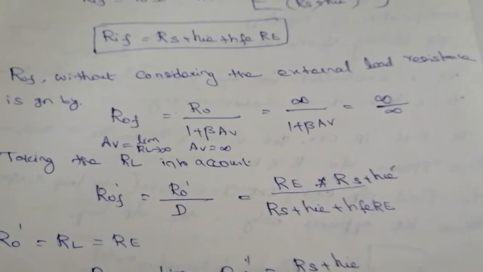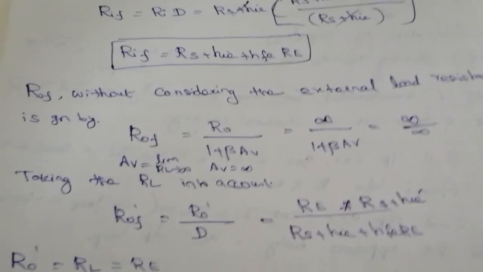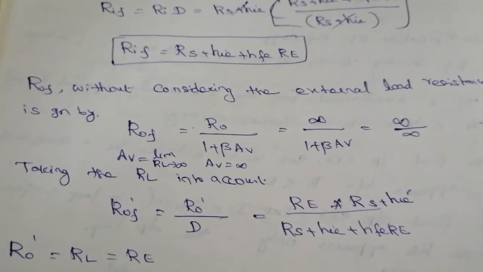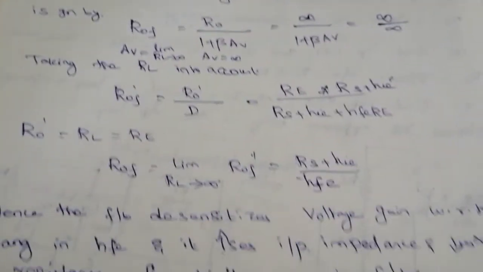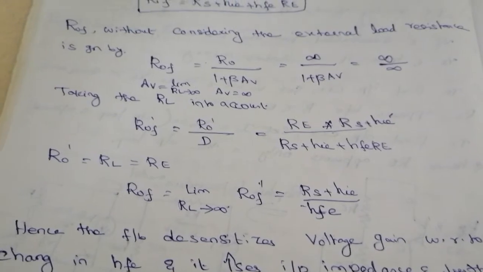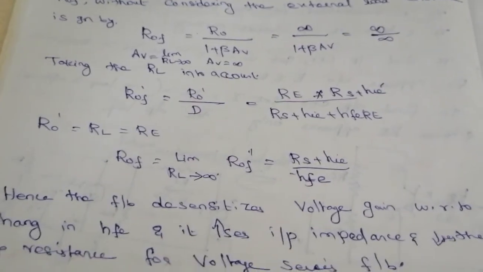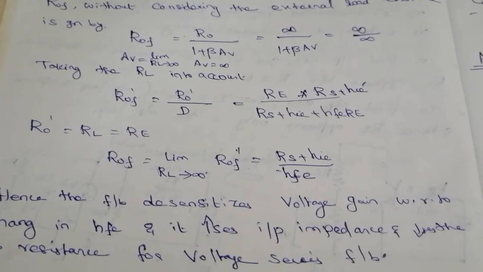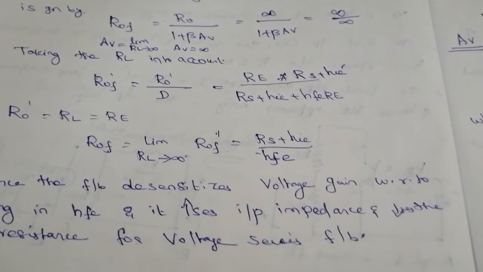So that's all about the analysis of the feedback topology. Simply we can say, if in a question they give a circuit diagram, you can find the type of topology. The next step is to draw the input circuit as well as the output circuit. Once you draw the circuits, then convert it into an H parameter model. Already we studied the voltage gain without feedback of the particular circuit.